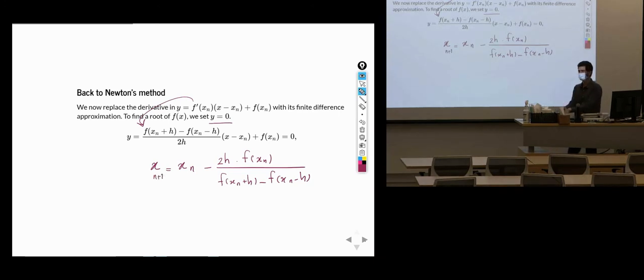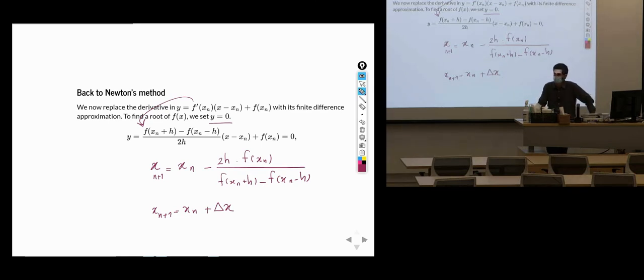Okay, so my next step is where I am plus some delta movement. This notion of delta movement is Newton's method, and that's about approximating your function with a line, right?